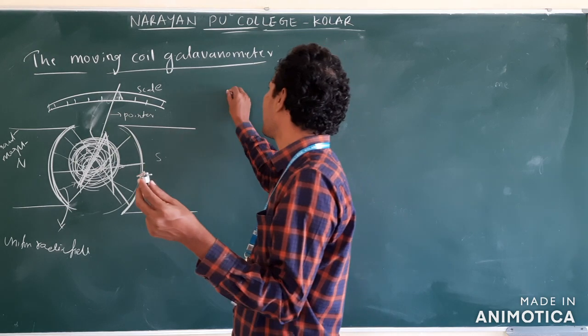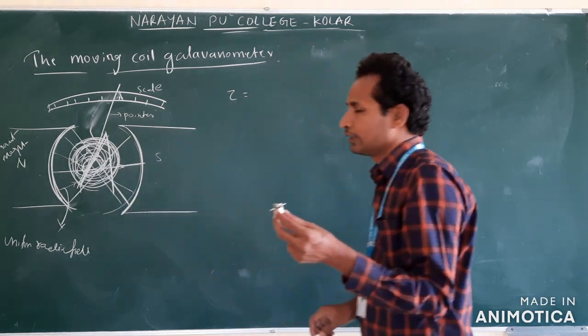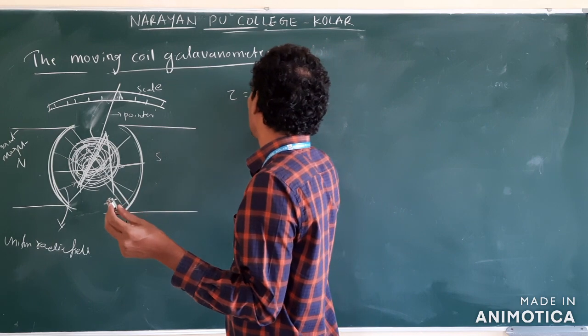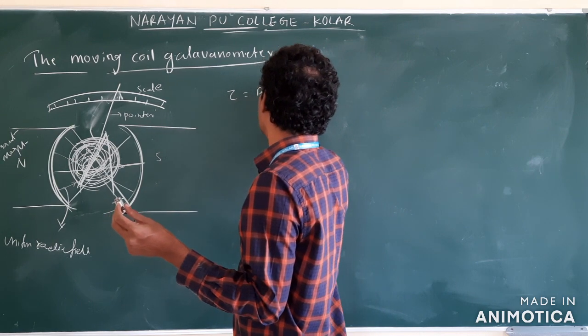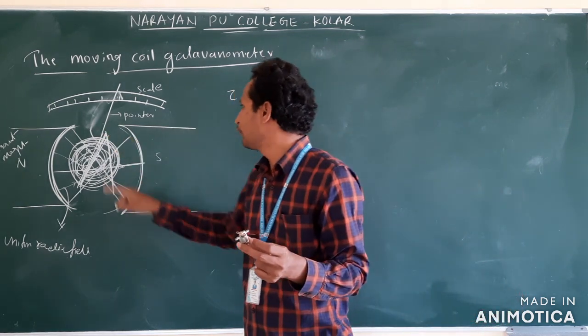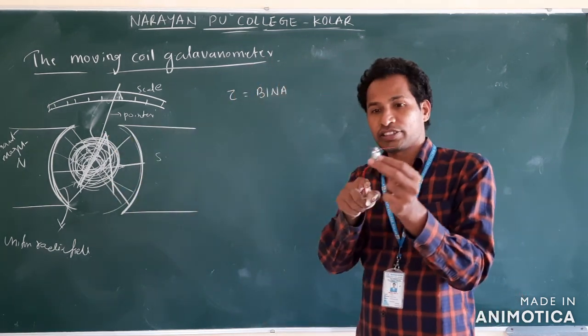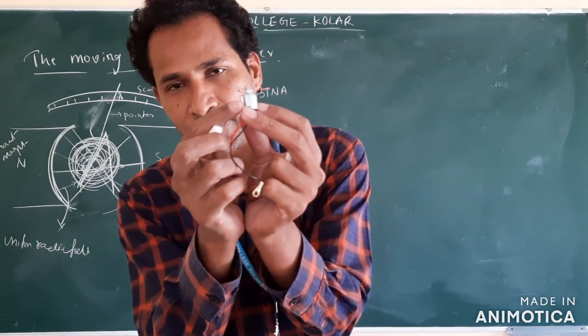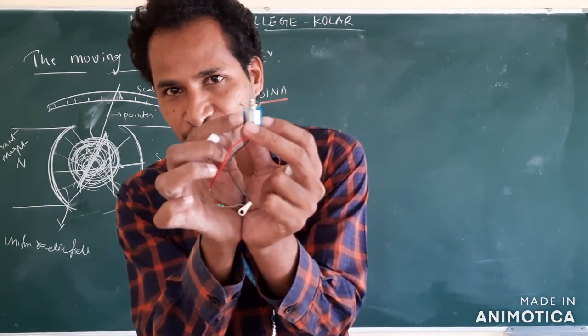Now the maximum torque experienced by the coil is what? We have seen it: B I N A. B is the magnetic field, this radial field. I is the current passing through these wires. N is the number of loops on the copper windings on the frame.